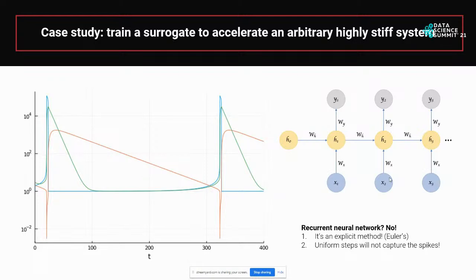So the first idea is, well, if it's supposed to be some kind of time series, what you'll learn in Machine Learning 101 is that recurrent neural networks do time series stuff. So let's say you try a recurrent neural network on a system that looks like what's on the left here, right? Well, a recurrent neural network, first of all, wants to have uniform time steps, right?